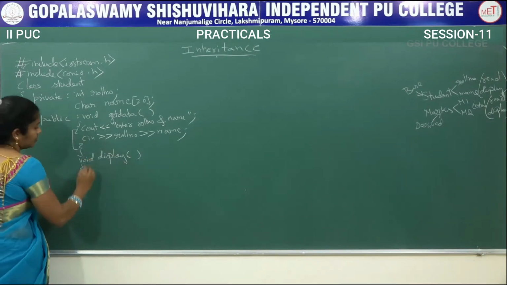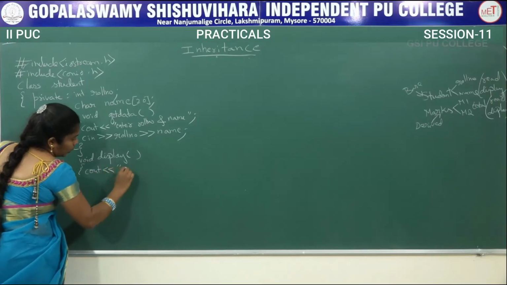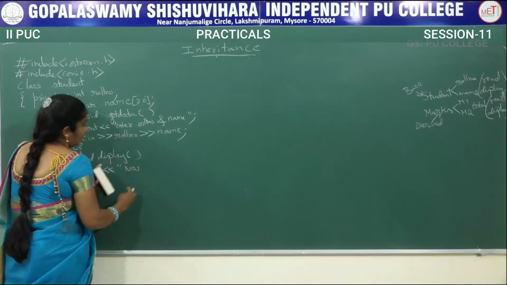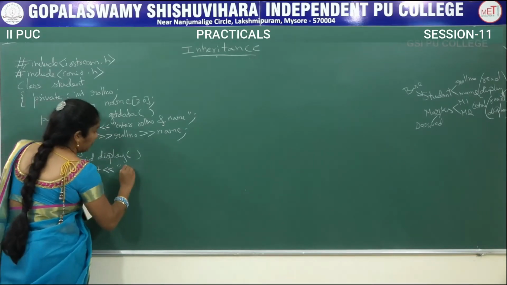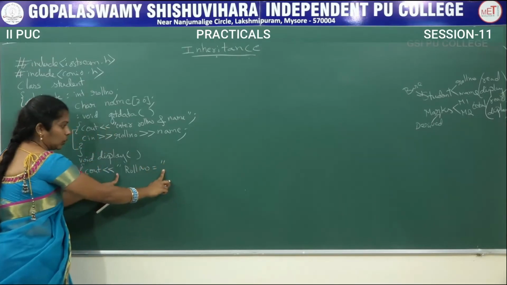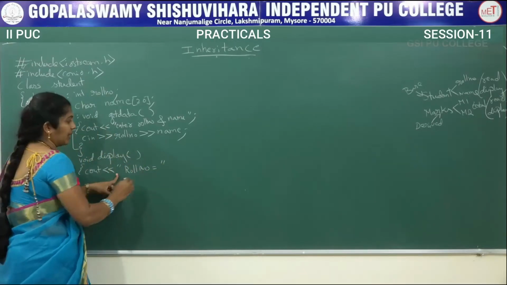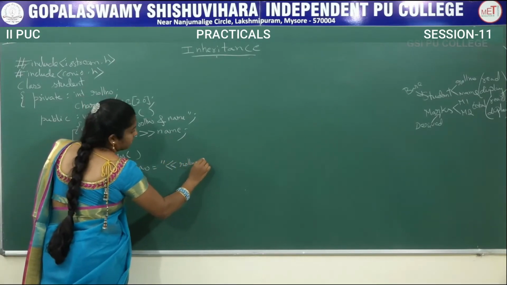Then here cout name equals. First here I took roll number, that's why I am to take roll number equals. Inside the double quotes, whatever I write will be displayed as it is. Then insertion operator, roll number.